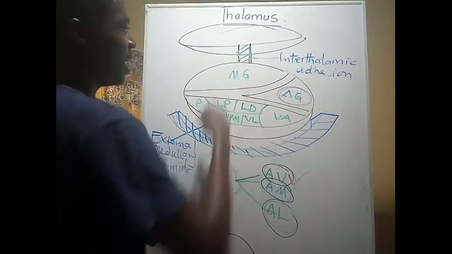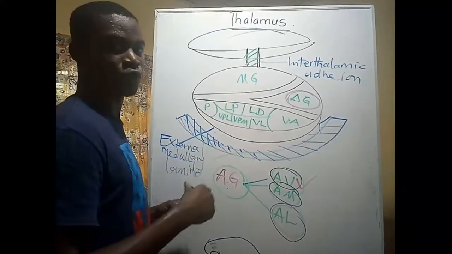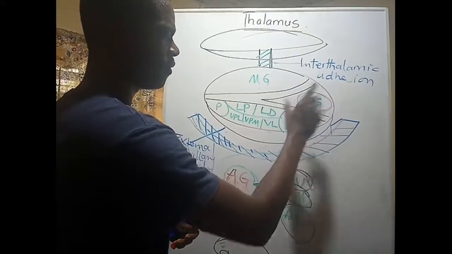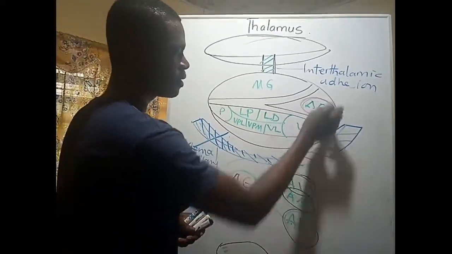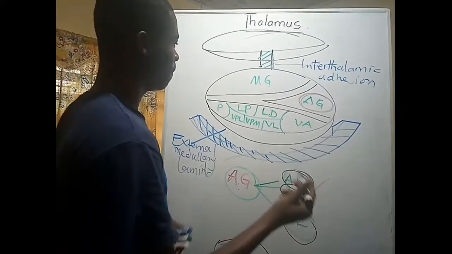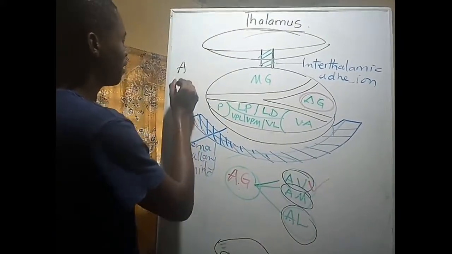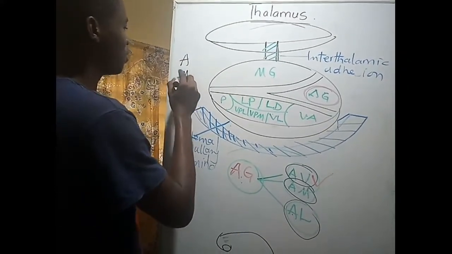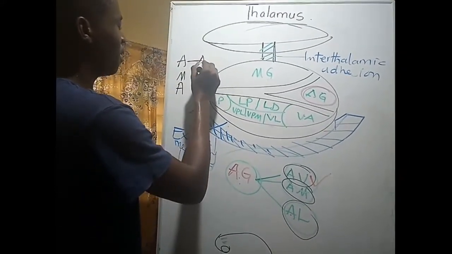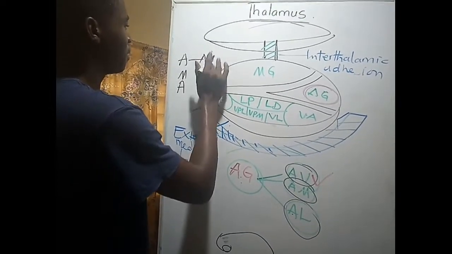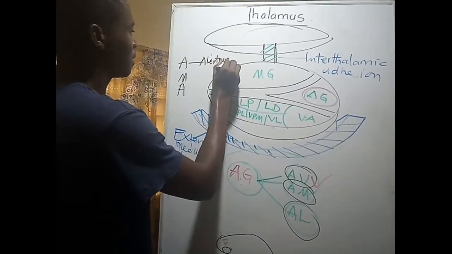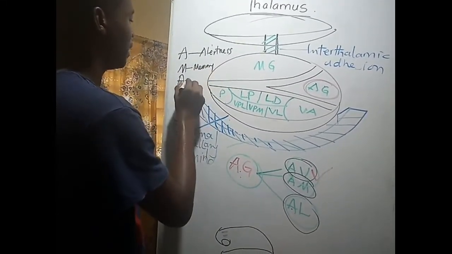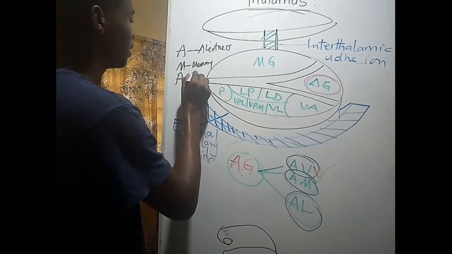Now, the medial group is also subdivided into basically 2 groups. But before we go to the medial group, the anterior group is responsible for functions such as AMA. A for alertness, M for memory, and then A for attention.